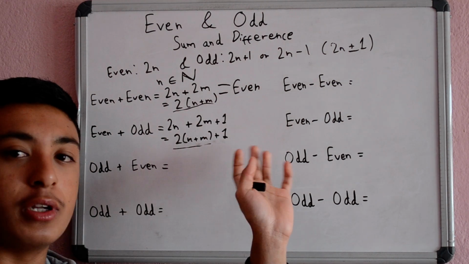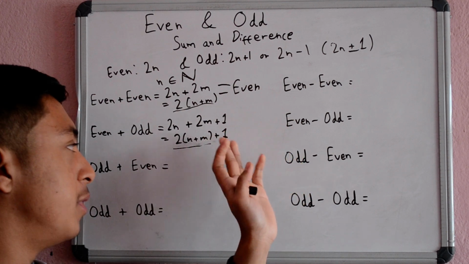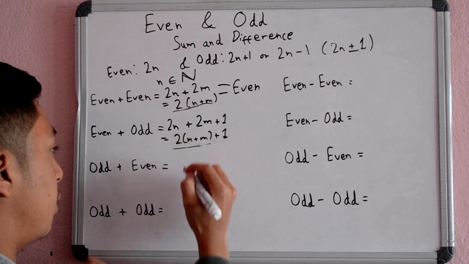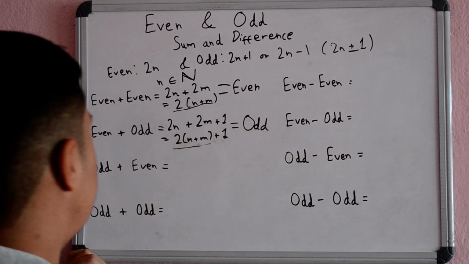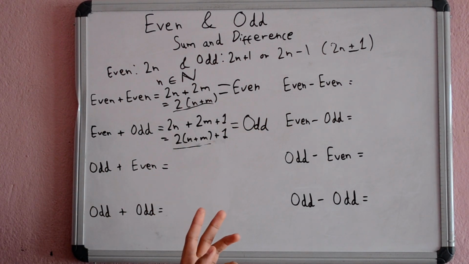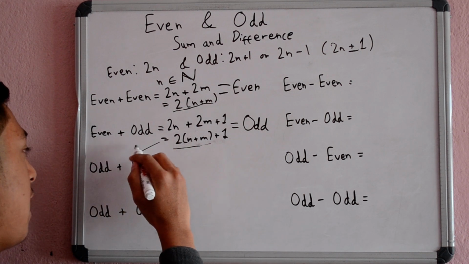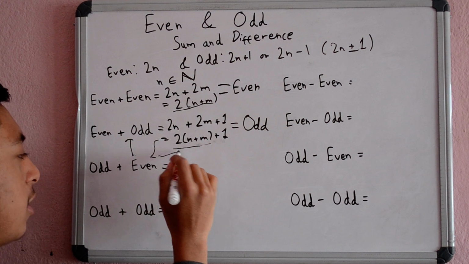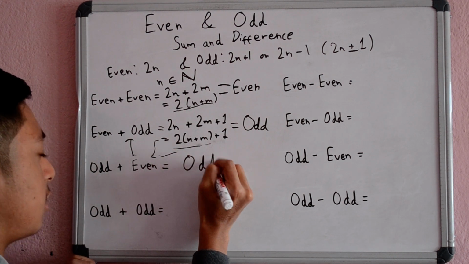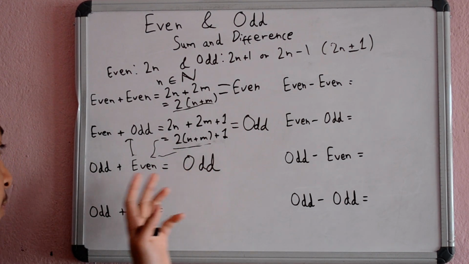And we have even plus 1. That means this must be odd, as I discussed earlier. So this is in fact odd. Now what about odd plus even? Well, it is the same case as this one. That means we will have to follow this process again, and we'll just get odd back.